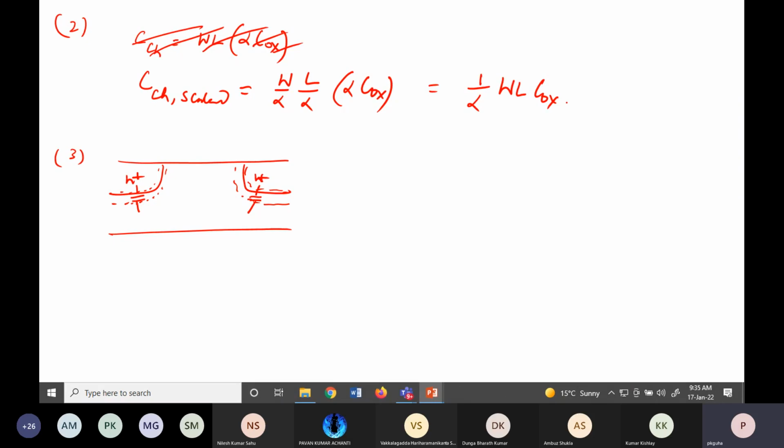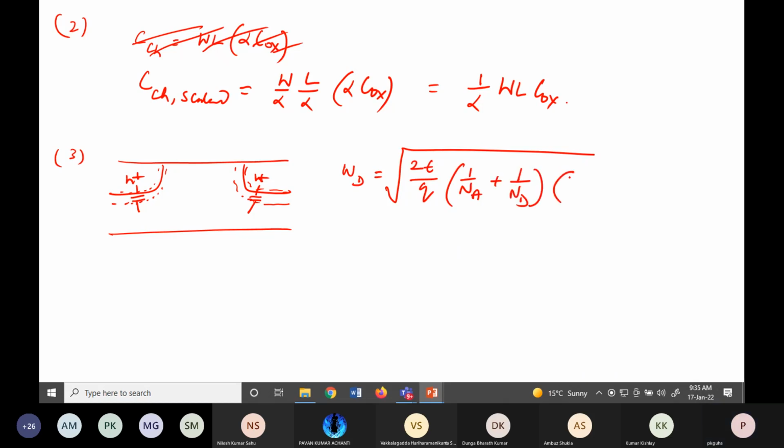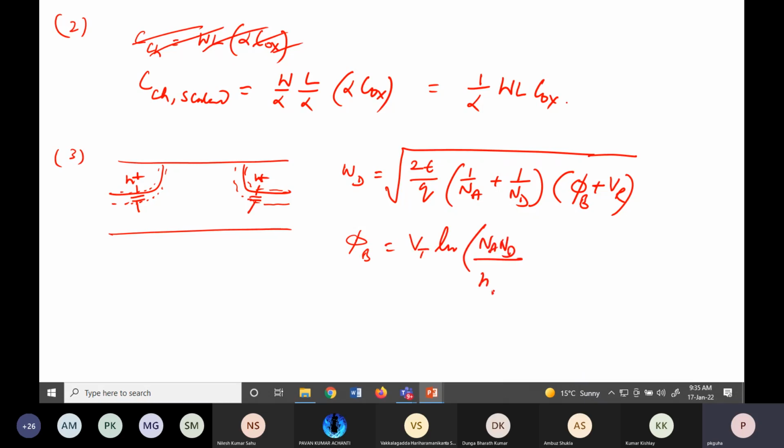If you remember, the depletion width of a PN junction is given by this expression, where Na and Nd denote the doping levels of the two sides of the junction, and phi b is kT over q ln Na by Ni square.